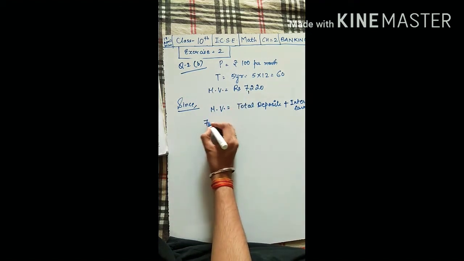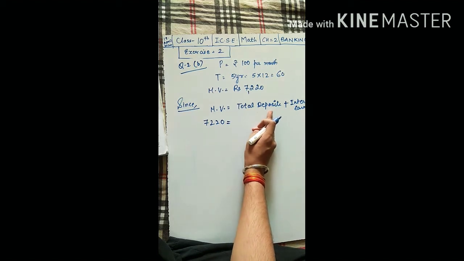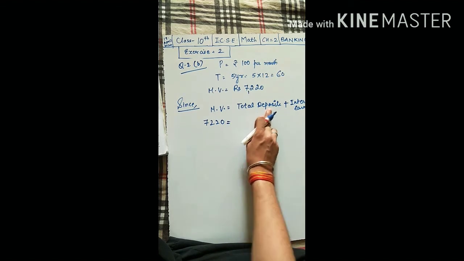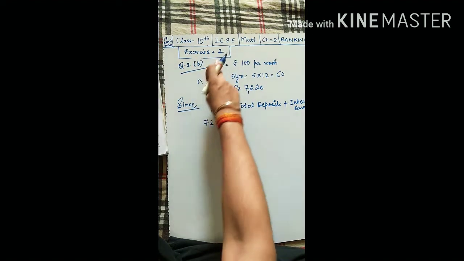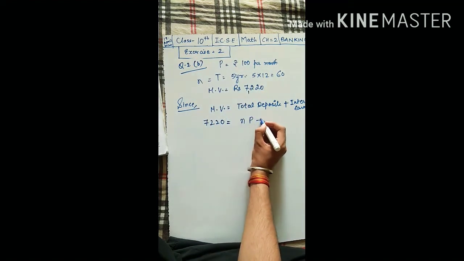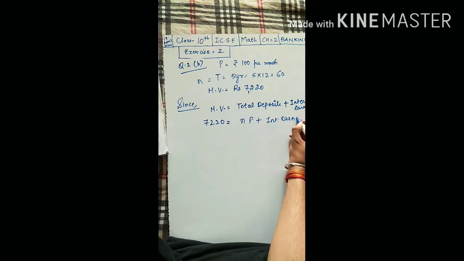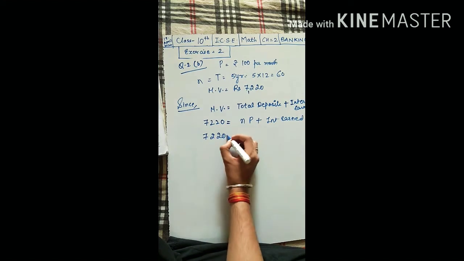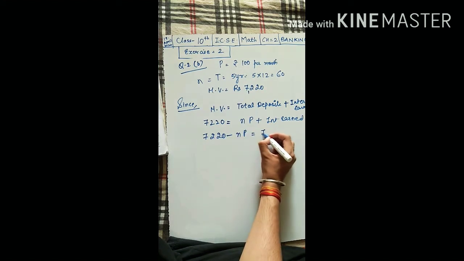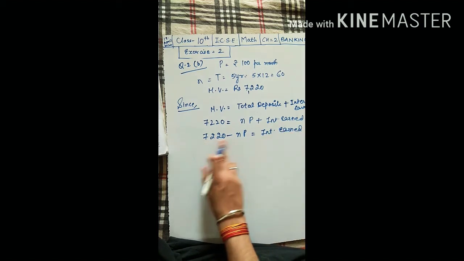Maturity value is 7,220. Can we find the total deposit? Yes, by multiplying n into p, so this is np, and the interest earned stays as it is. Take np this side, so 7,220 minus np is equal to interest earned.